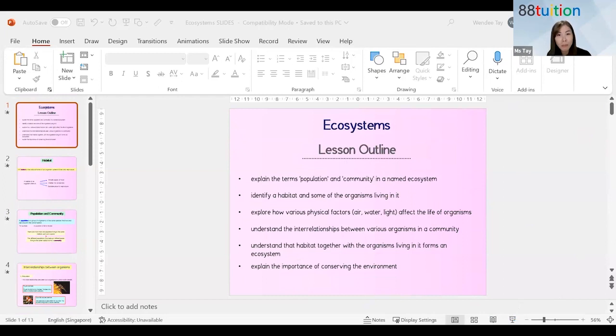Yeah, it's actually taught in P6. And MOE purposely wants this to be taught in P6. Do you all know that? Because last year, the Sec 2 students did not learn this at all.